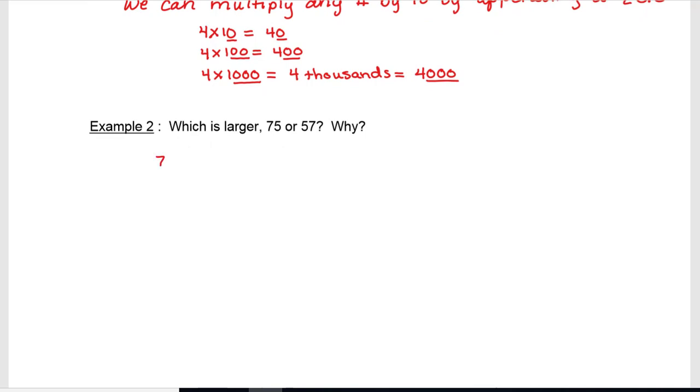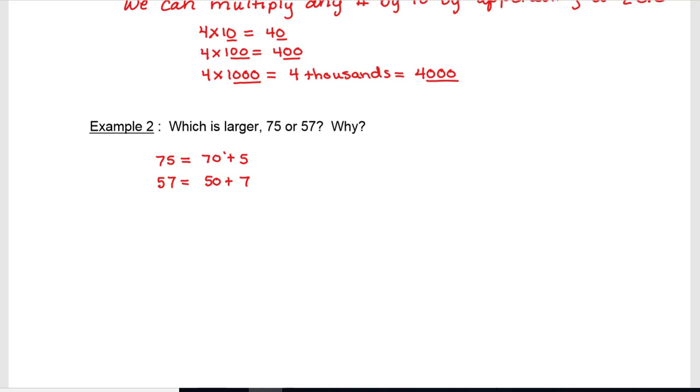So if I have the number 75 and the number 57, which one is larger? How would the students tell? Because remember, students, when they see 75, they see a 7 and a 5, or they see a 5 and a 7. They don't see a difference. So what you could do is use expanded form and say, well, this is equal to 70 plus 5, and this is equal to 50 plus 7.